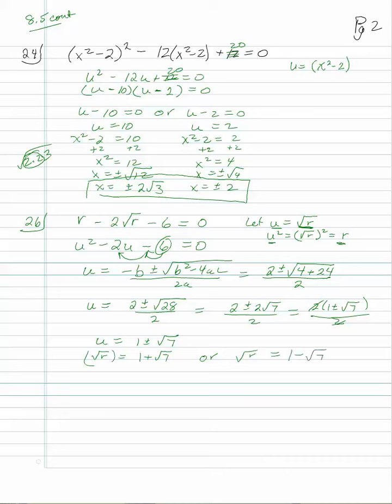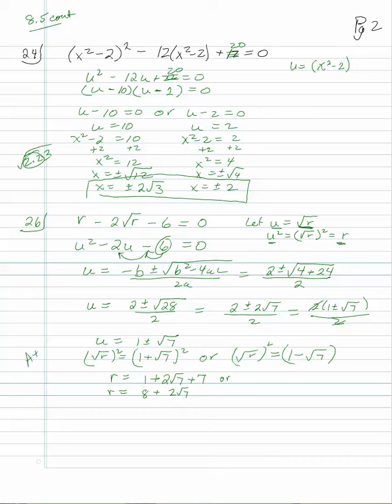And then we're going to square both sides to get rid of the square root, and just solve for r. So we're going to get 1 plus 2 square root of 7 plus 7. So it's 8 plus 2 square root of 7. And if you don't know what I'm doing, I'm just doing 1 plus square root of 7 times 1 plus square root of 7 using the shortcut formula.